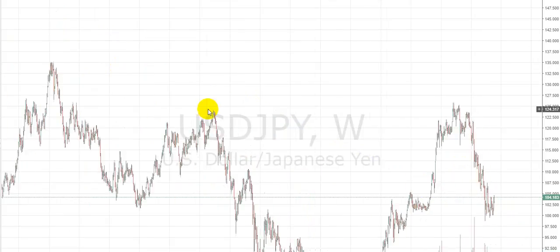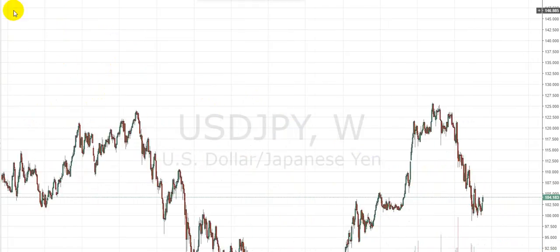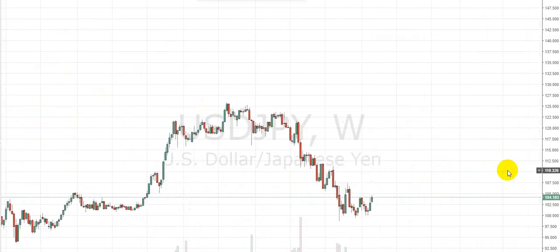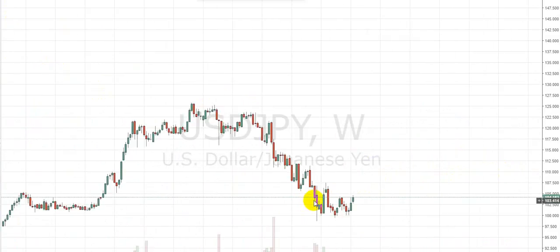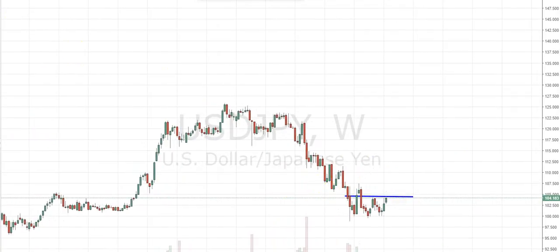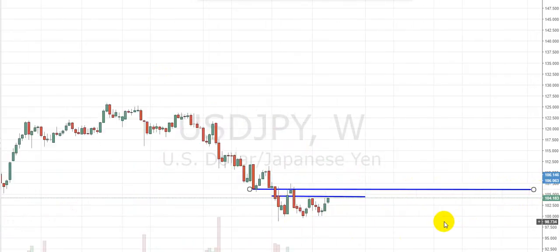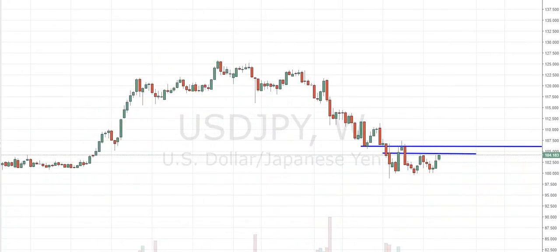Now, what is important here on this weekly chart, dollar yen, the current level of 104.50, a little bit higher, and then of course this one around 106.